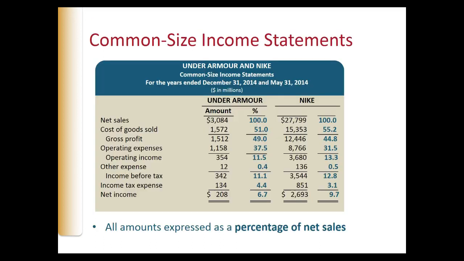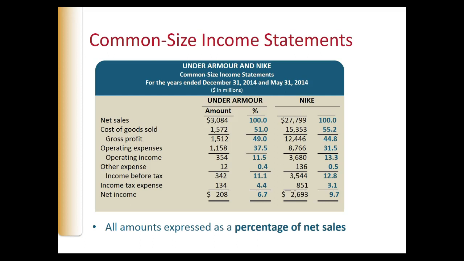So this slide provides common size income statements for Under Armour and Nike. Notice that the two companies end their fiscal year on different dates. Even though the year ends do not exactly match, we can still make some meaningful comparisons between the two companies.